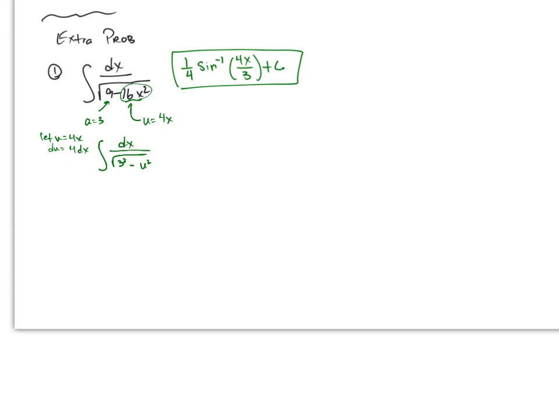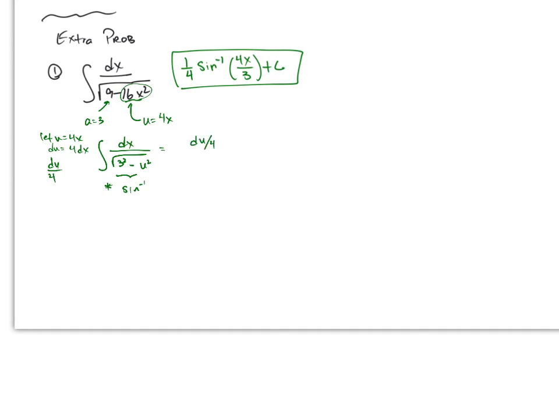I identify this by looking up above and at the handout that I gave you that has everything on it. I identify this as being the inverse sine. So dx is du over 4. When I substitute this in, I'll end up with du over 4.